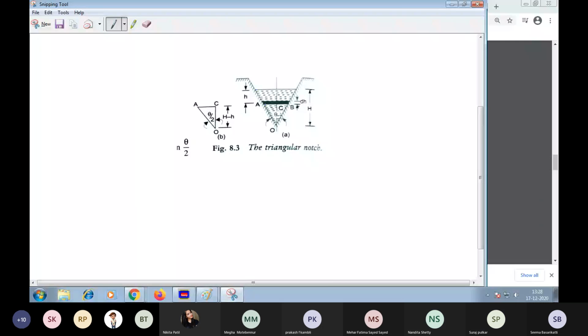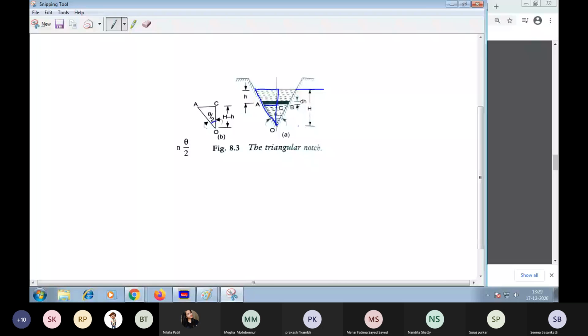This particular portion I have divided because I need this distance, so I am going to consider this portion. This is triangle ACO, and the angle is theta divided by 2.